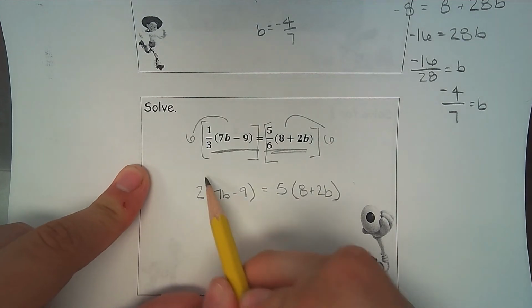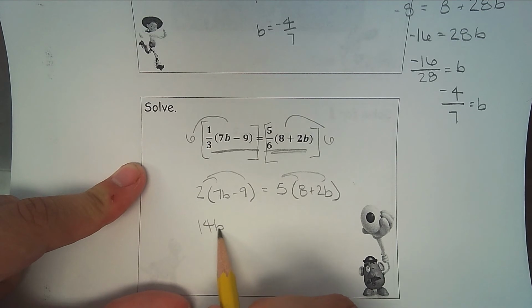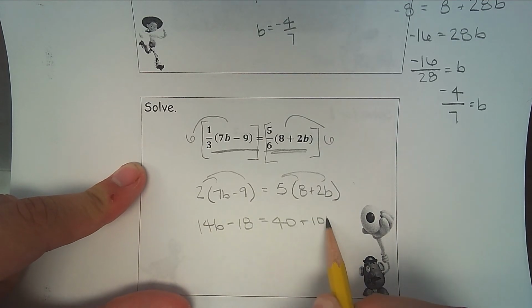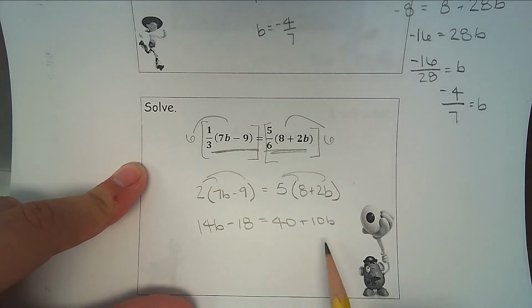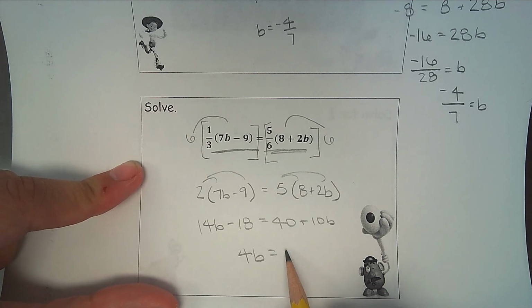Do my distribution again. And end up with 14b minus 18 equals 40 plus 10b. I'm going to subtract the 10b over, add the 18, which gives me 58, right?